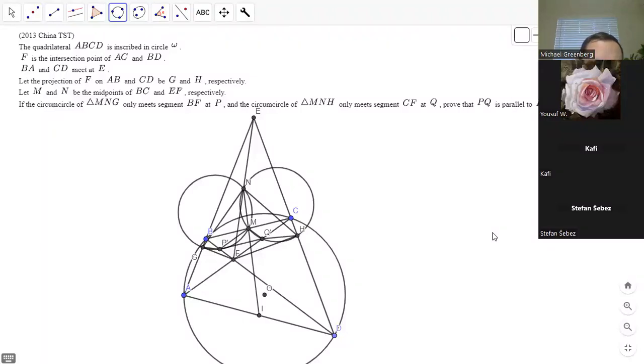Wait, maybe I got the wrong angle. Actually, we look at the angle BG P prime. So angle BG P prime is equal to ABD.